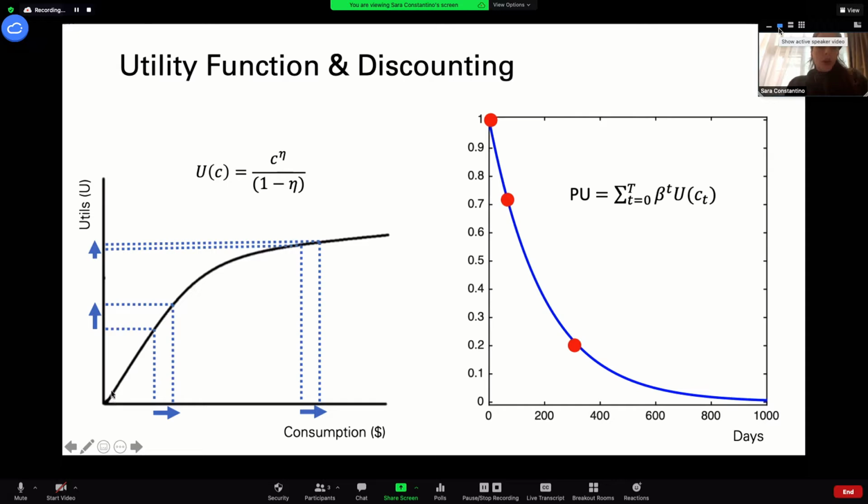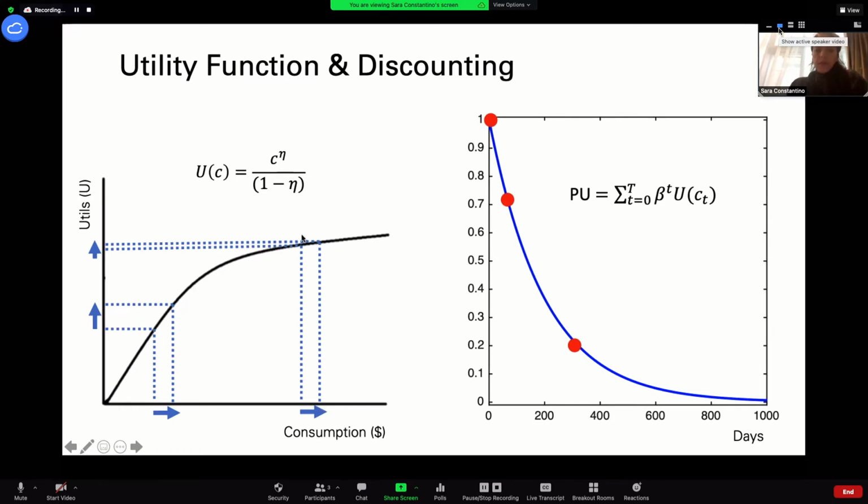And so the utility function is typically concave, which is this kind of curvy shape like this that makes a kind of little mountain. And what this shape does is it says that there's diminishing marginal utility of consumption. So this means that $1 in consumption is less valuable at a higher level of consumption or wealth than at a lower one.